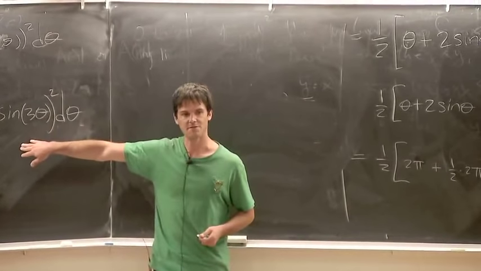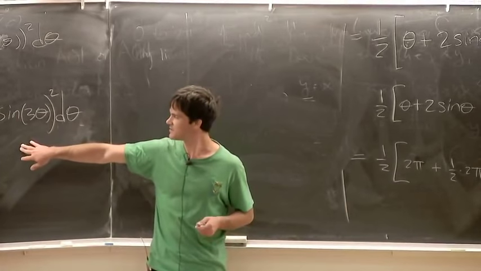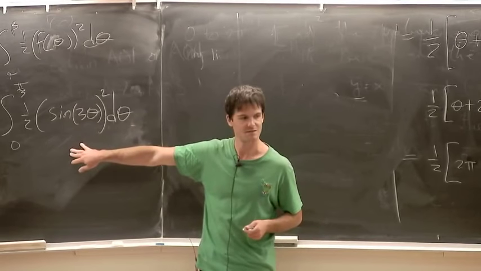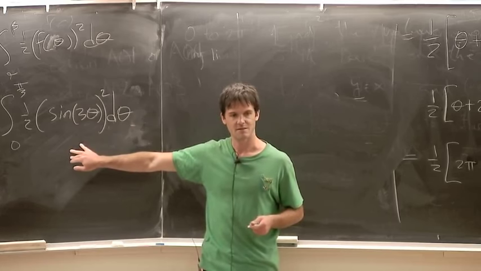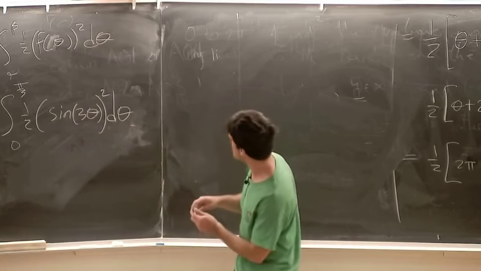How do we integrate this equation here? It's got a sine squared in it.